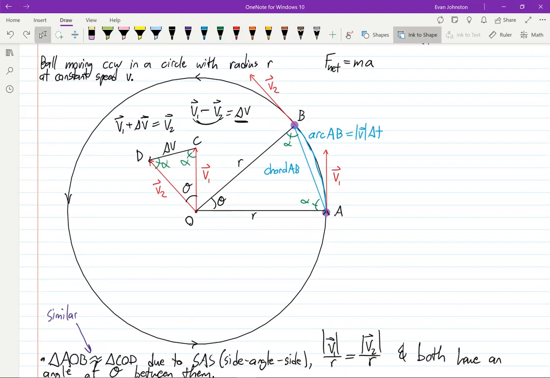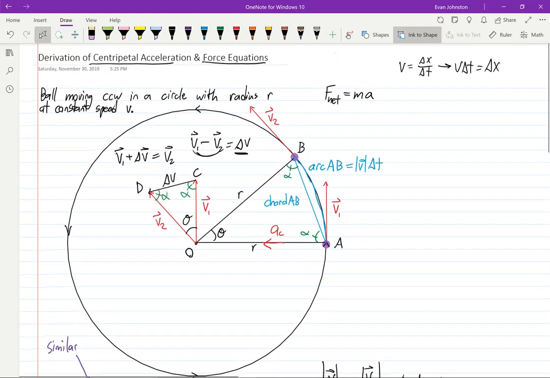And the only option for that would be an acceleration that's pointing towards the center of our circle. That means that actually the force is going towards the center of the circle, because net force is equal to m times a. So an acceleration pointing towards the center of our circle would be due to a force pointing towards the center of our circle, which is pretty incredible. So this is also our centripetal force going towards the center.